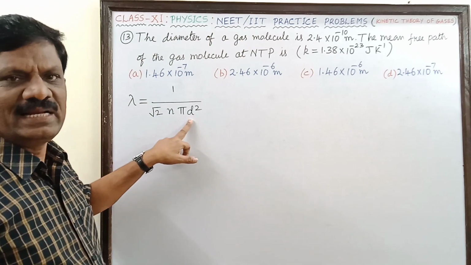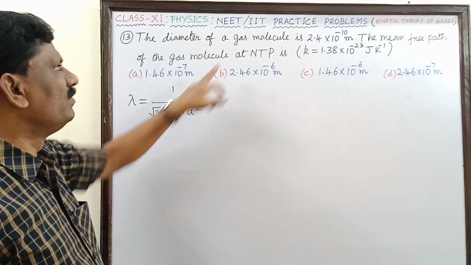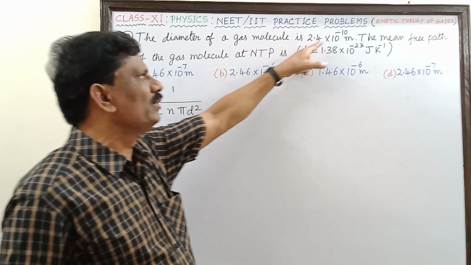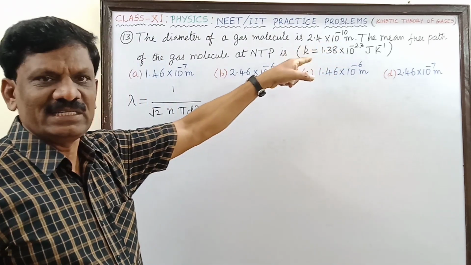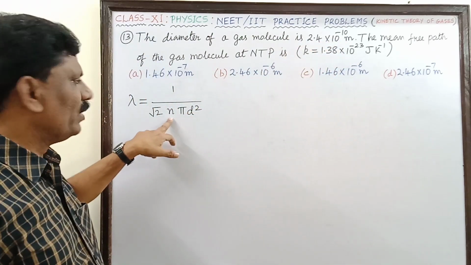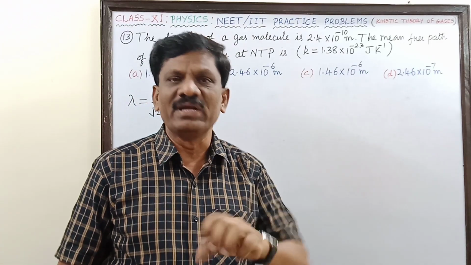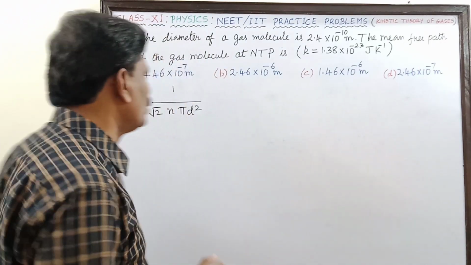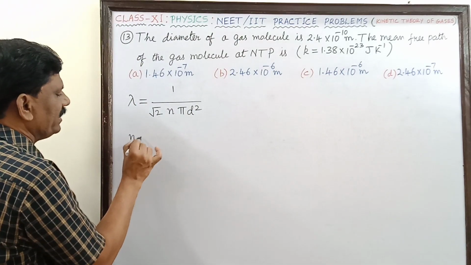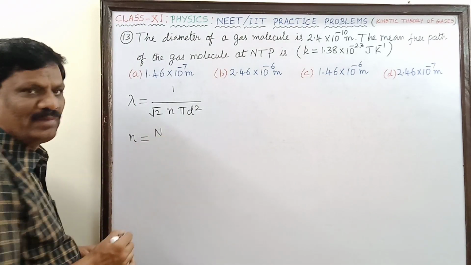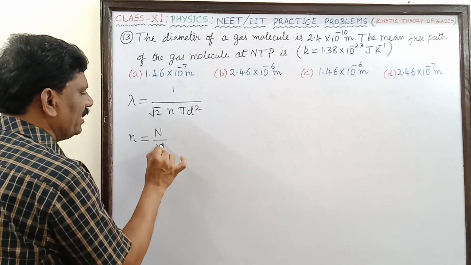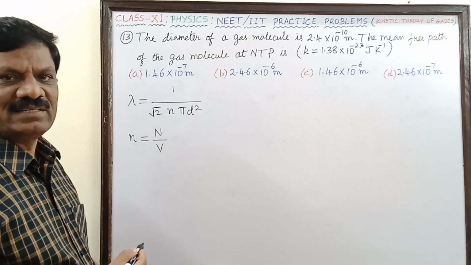What is d? d is the diameter of the gas molecule, which is given as 2.4 × 10^-10 meter. Then what is n? n means the number of molecules per unit volume. Small n is equal to the total number of molecules divided by the volume of the container.